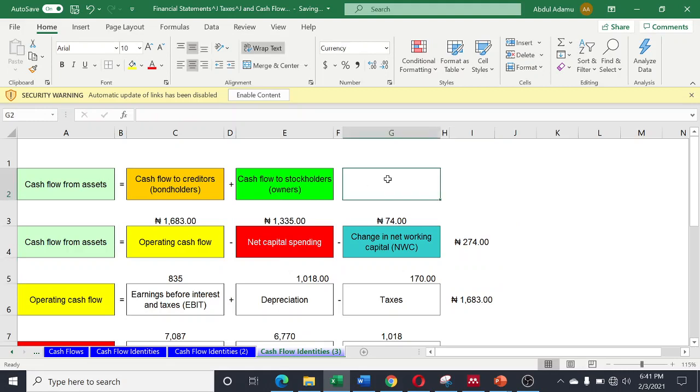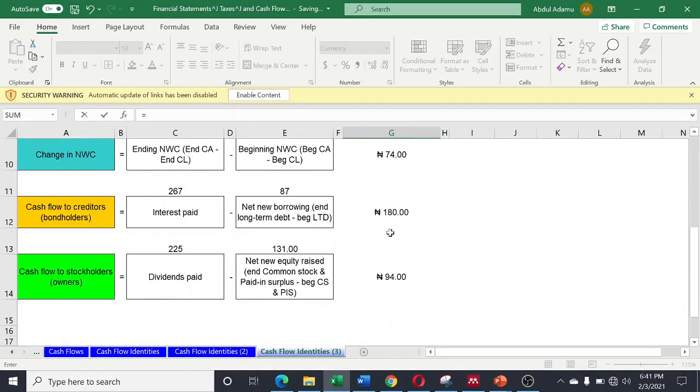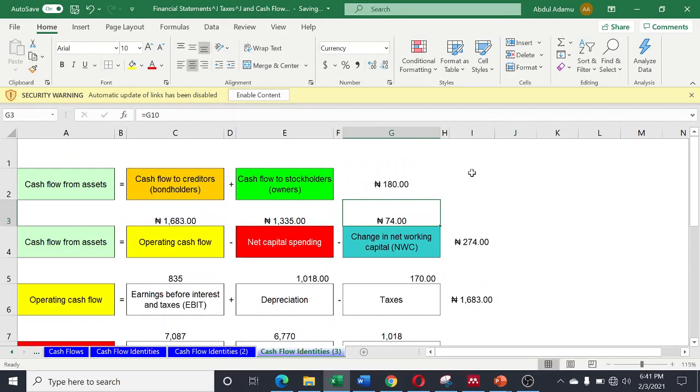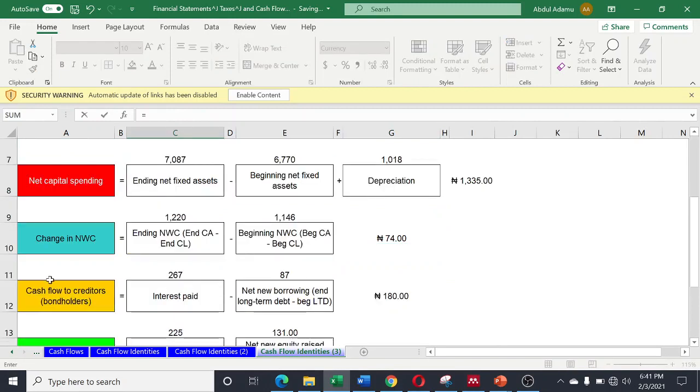So let's cross check. That answer must be equals to this. So we have cash flow to creditor. Cash flow to creditor is 180.